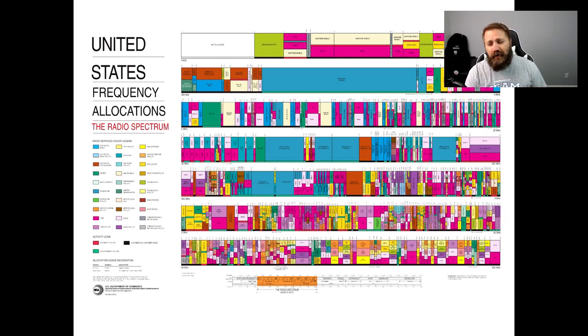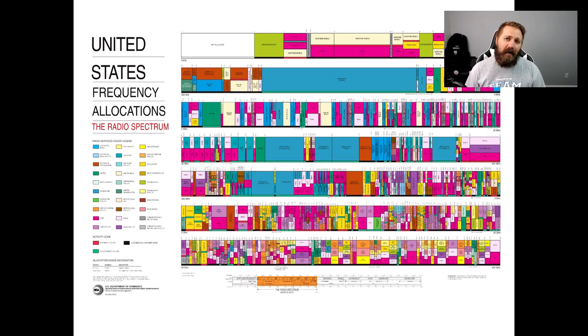Another fun slide I like to share with everybody is the United States frequency allocations. This slide, you can't even see it. The best thing to do would be to go look it up on the internet. But it's very interesting. Look up 2.4 gigahertz, 5 gigahertz, some of the 900 megahertz, the unlicensed stuff that we get to use, some of the licensed stuff we get to use, and compare it on this chart to the chart as a whole.